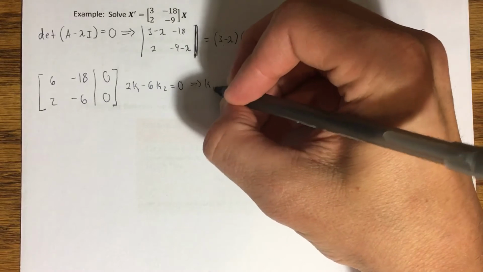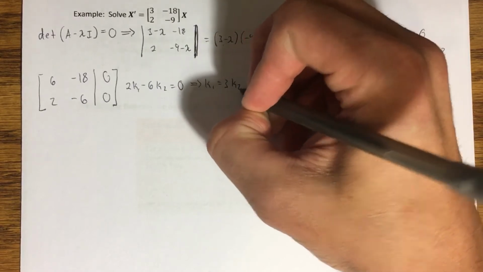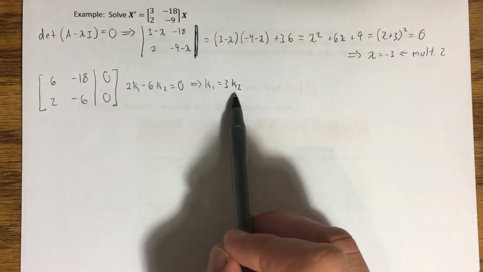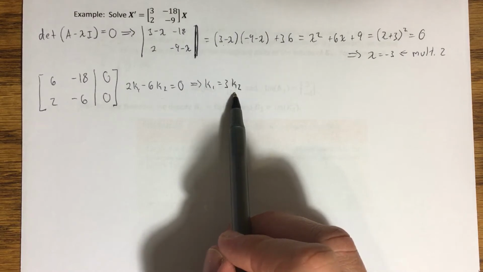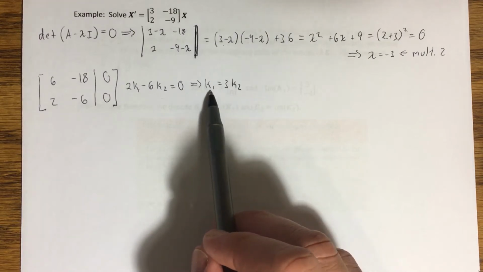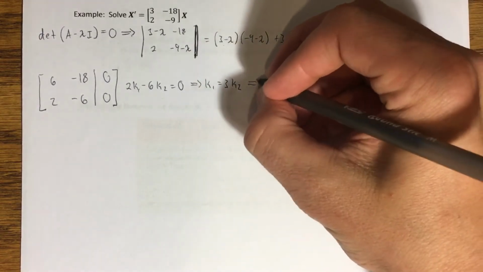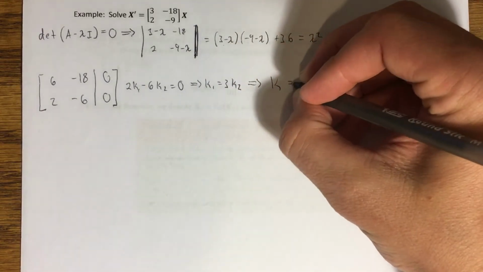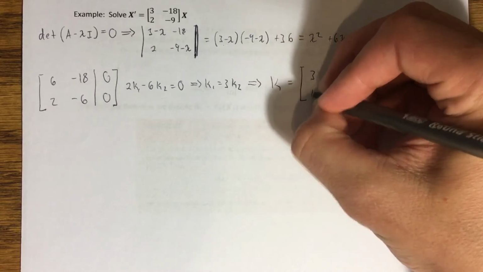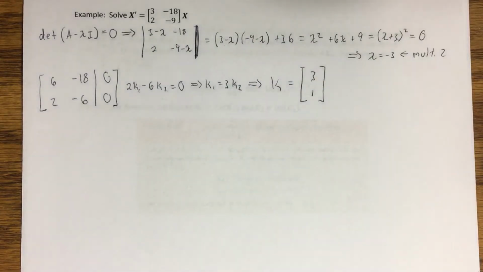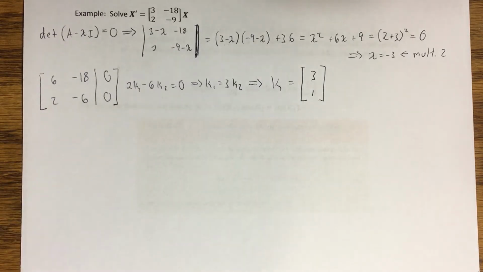I get k1 equals 3k2. So if I set k2 equal to 1, then k1 is going to equal 3 times 1. So I can use (3, 1) as an eigenvector in this case. Okay, so that's great. I have that now.